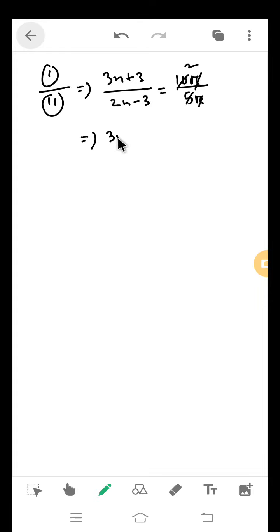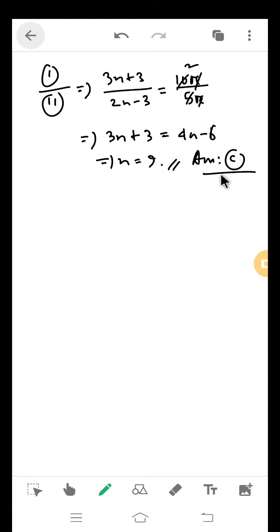So 3n plus 3, then 4n minus 6. So n equal to 9. So that's the answer. So value of n is 9, goes to the option C. Okay, go for the next, 27.